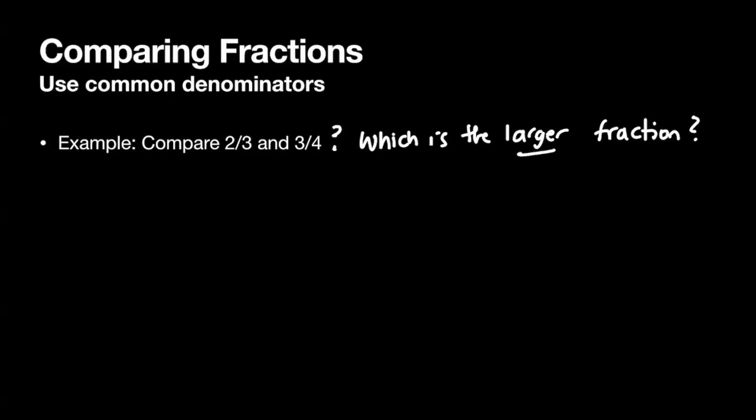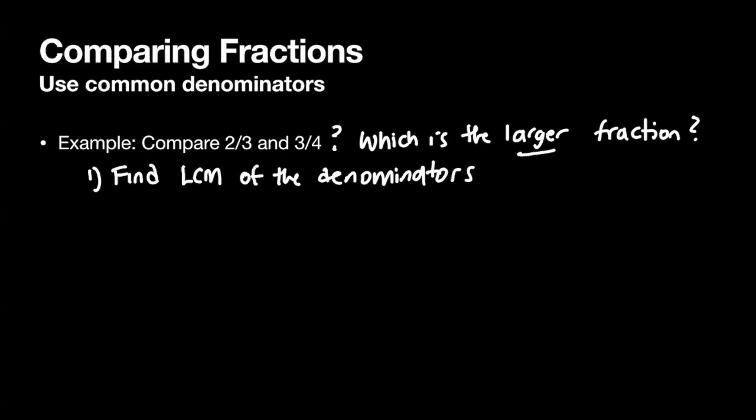In order to find this, we have to first find the least common multiple of the denominators, right? Because we want the denominators to be the same.